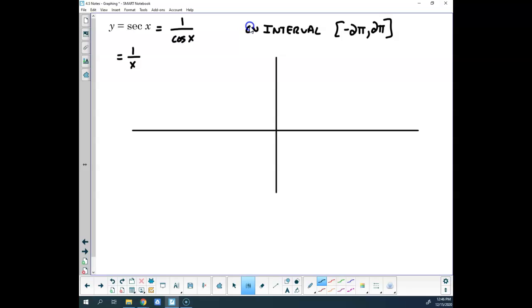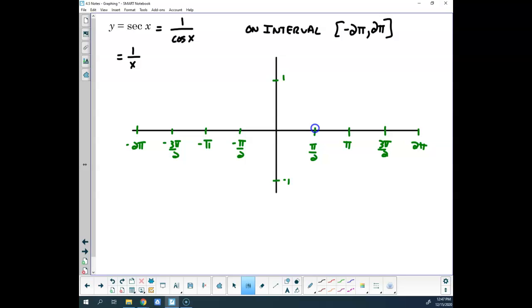So then, we can set up our axes. Love it. Here we go.